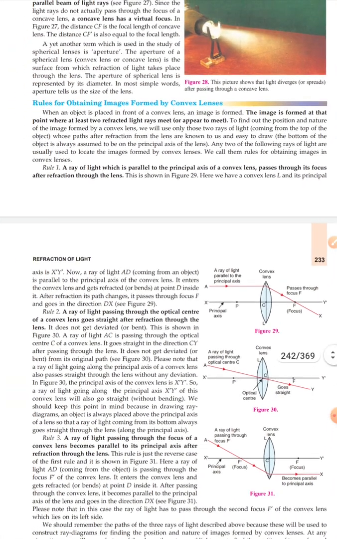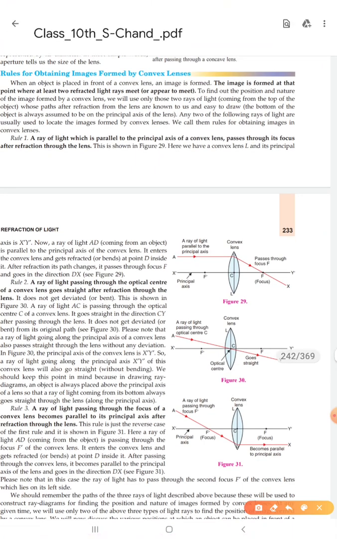Here, this is the first rule. When we draw a light ray parallel to the principal axis, after refraction it moves through the focus. Simple law. This law was also in mirrors. In the second case, when we draw a light ray from the optical center, it goes straight.